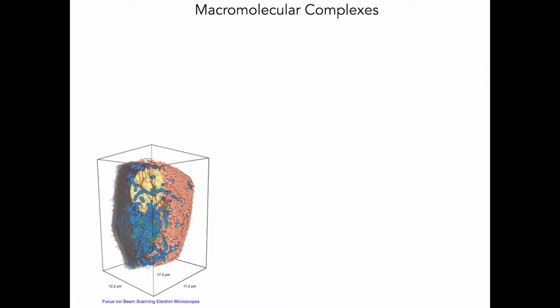This is the architecture of an entire cell, which has been determined by focused ion beam scanning electron microscopy. Nowadays, we can actually get the intricate architecture and organelles within a eukaryotic cell and depict it in this beautiful way.